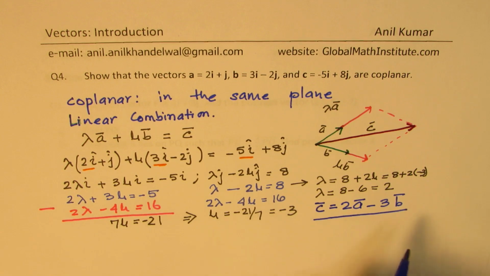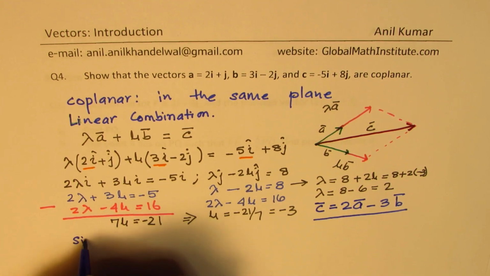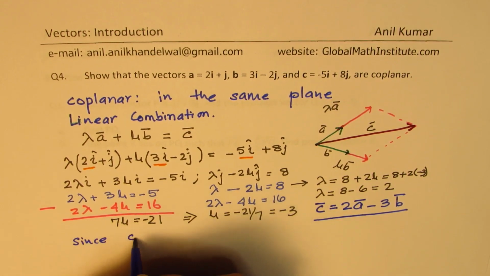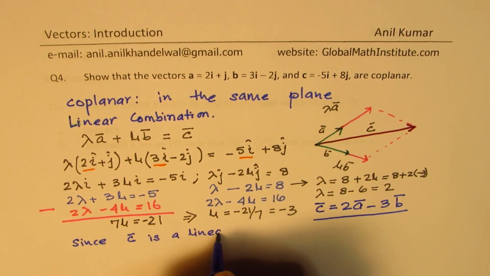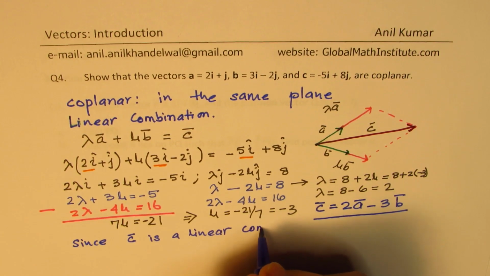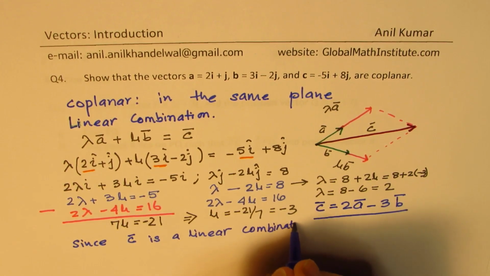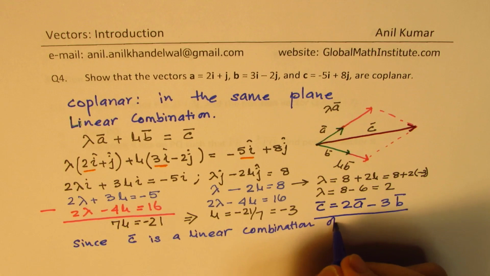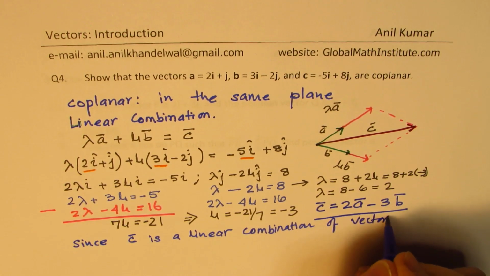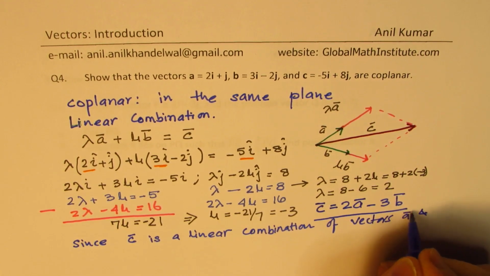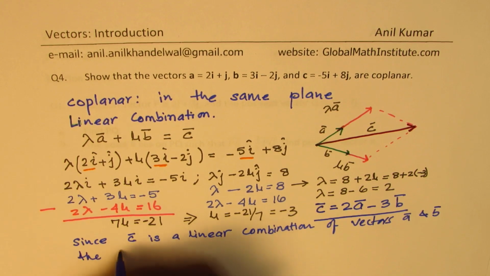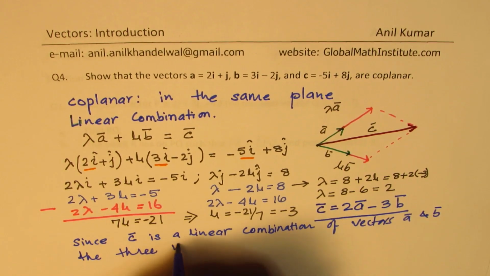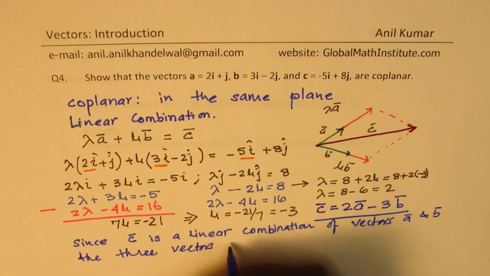Perfect. Since you can write vector C as a linear combination of vectors A and B, the three vectors are coplanar.